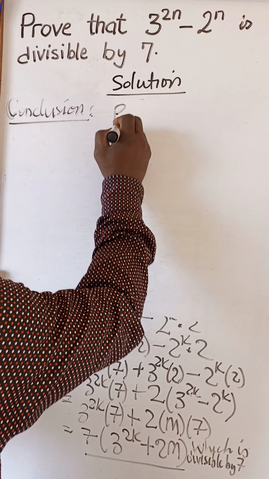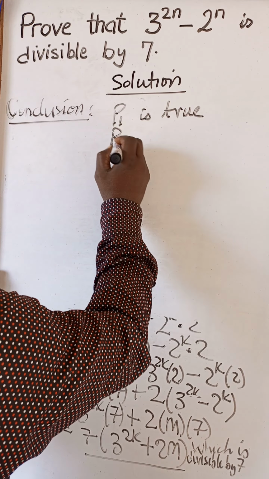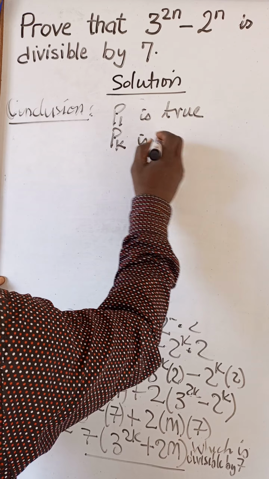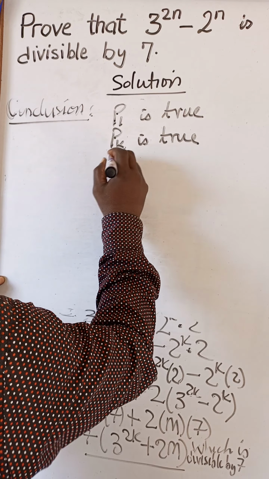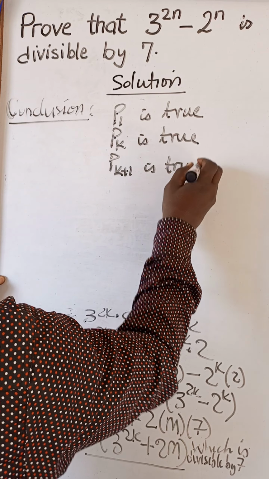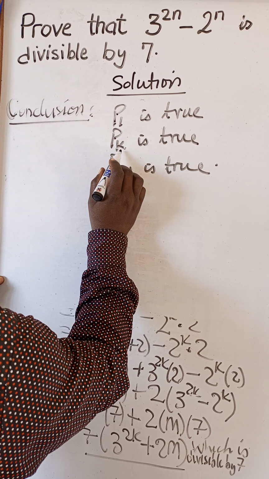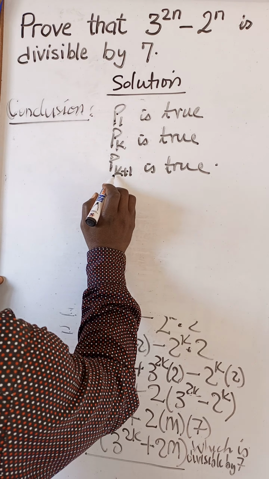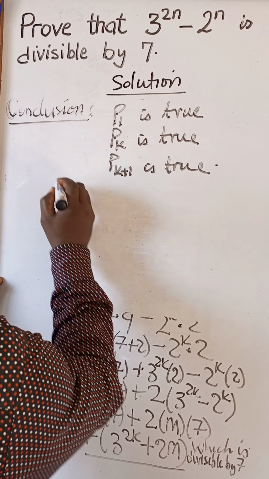We have shown that P1 is true. We have shown that Pk is true, or we assumed that Pk is true, to demonstrate that Pk plus 1 is true. Now, P1 is true, P for any integer k is true, and P for the next integer after k, Pk plus 1, is true.